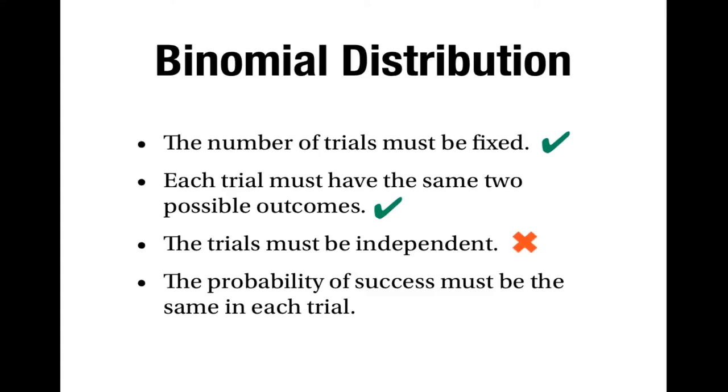But the trials are not independent because the cards are drawn without replacement, and therefore the probability of getting a king changes depending on what cards are drawn. For example, if the first 4 cards drawn are all kings, then the probability of the 5th card being a king is obviously 0.